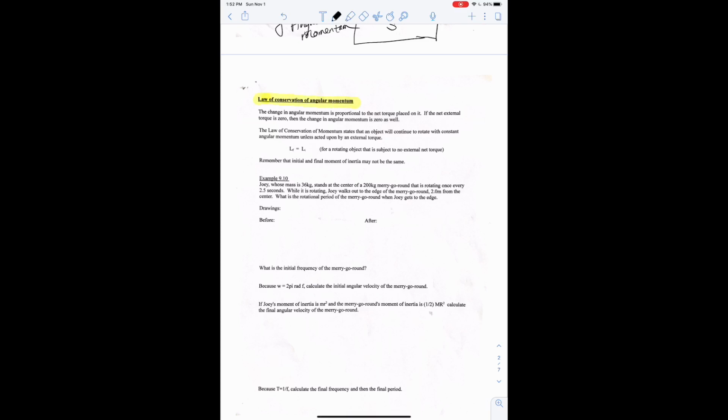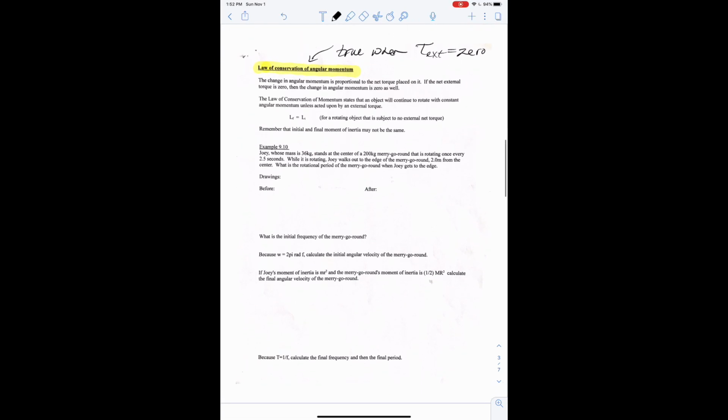So this is true when there's no external torque, or when torque external equals 0, right? And yeah, so either way, the net external torque is 0, or there just is no external torque. One of the two. All right, and then we get Li equals Lf.